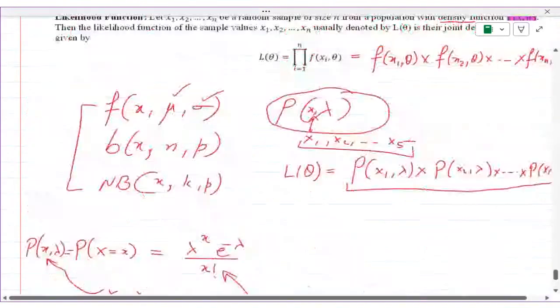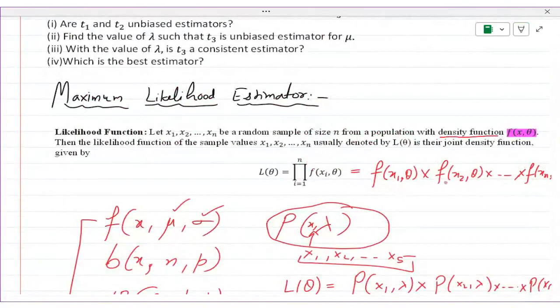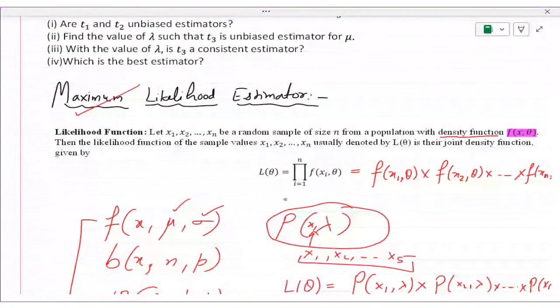We multiply the probabilities, the density function or probability distribution function, for the different values of samples. We multiply them together, and that we call the likelihood function. Now, as is clear from the name, we want to find the maximum likelihood estimator. So the maximum likelihood estimator is that value of the parameter for which this likelihood function is maximum.